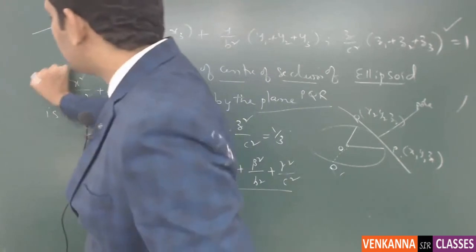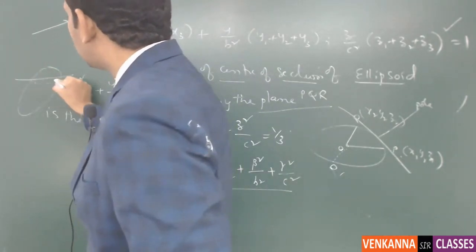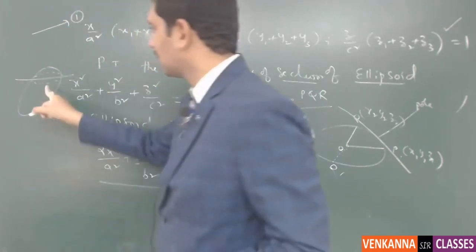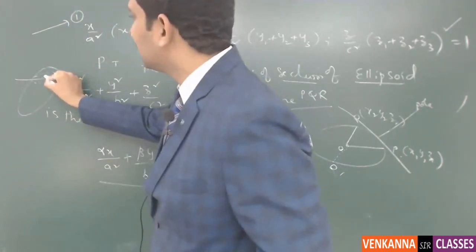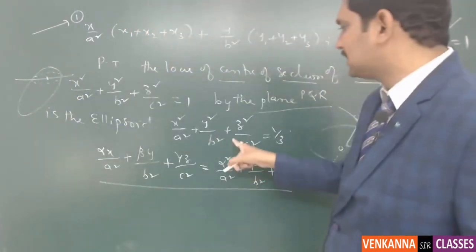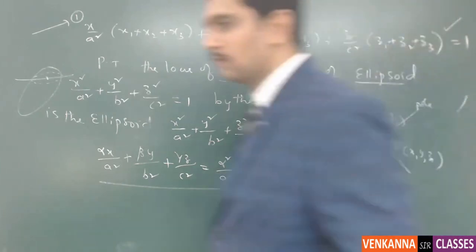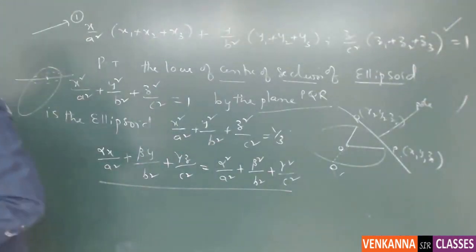If this is the ellipsoid chopped by a plane, you will get a section here. This section, you take this as the center. This center point satisfies this ellipsoid equation, that we have to show actually. Fine. Are you getting or not?